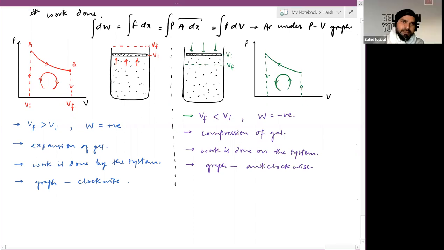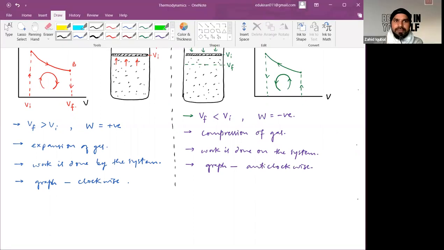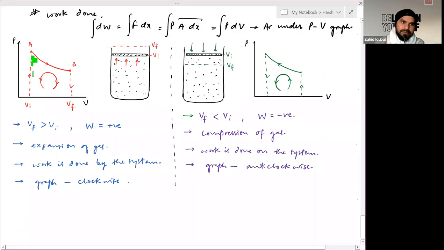So the area under the PV curve will simply define your work done related to this process. It will be this entire part. Also, in the first part, work done will be positive, but in this part, work done will be negative. Just write it down.